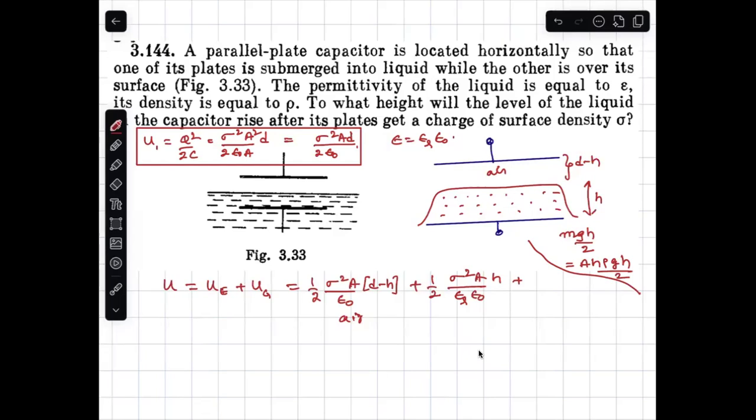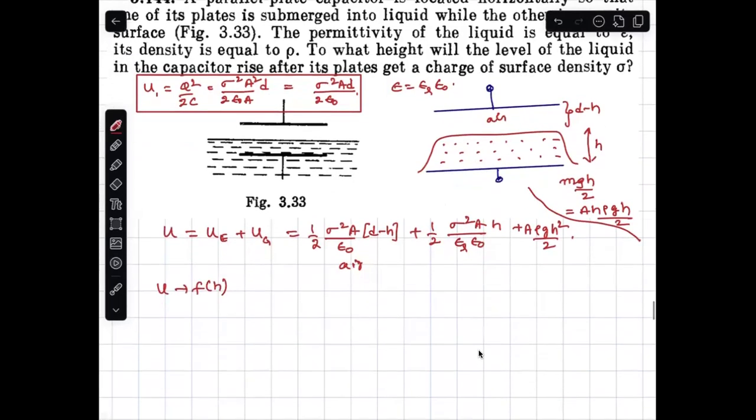So therefore, this you can write as A rho g h square by 2. Now, U is clearly a function of h. Any system which is in equilibrium will try to possess minimum potential energy.